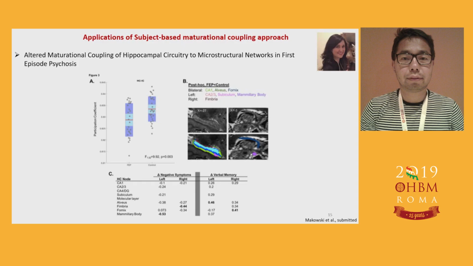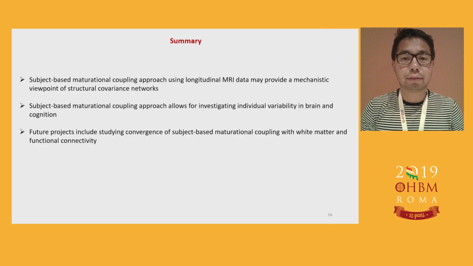And most importantly, among these hippocampal regions, the participation coefficient values related with negative symptoms and verbal memory of the subjects with first episode psychosis. So this was just one application of the approach.